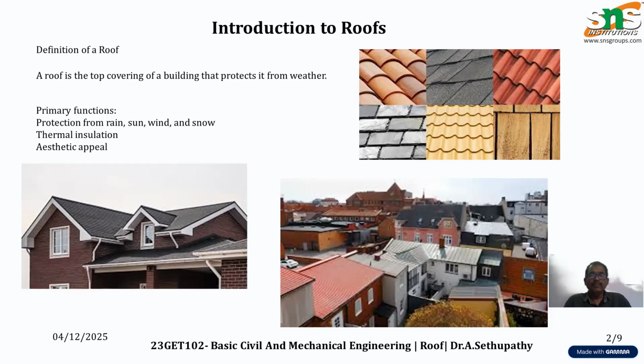For example, in areas with more rainfall, a flat roof will not be able to protect the houses. Due to heavy rain, water will be stored on the building's top surface and penetrate inside the roof. Inside the roof, the steel materials will get corroded and damaged.